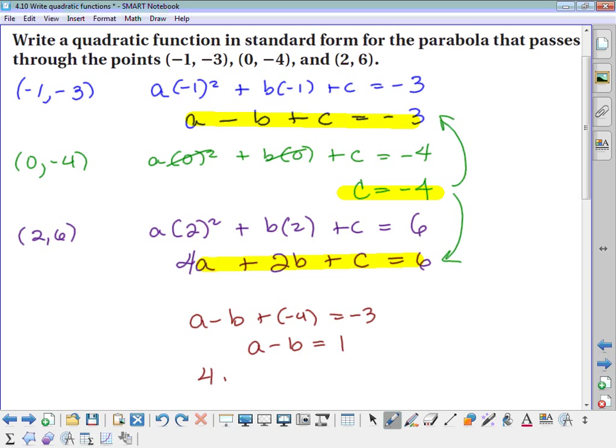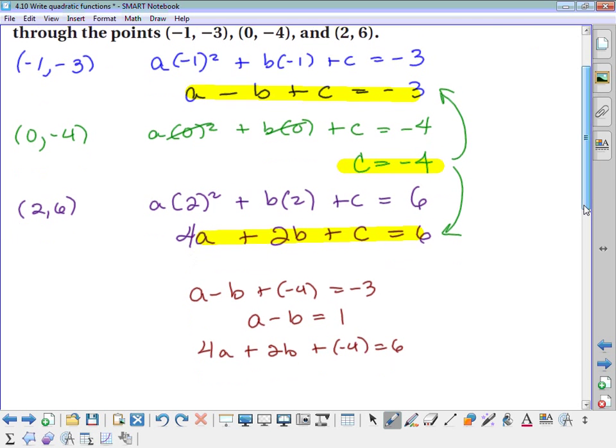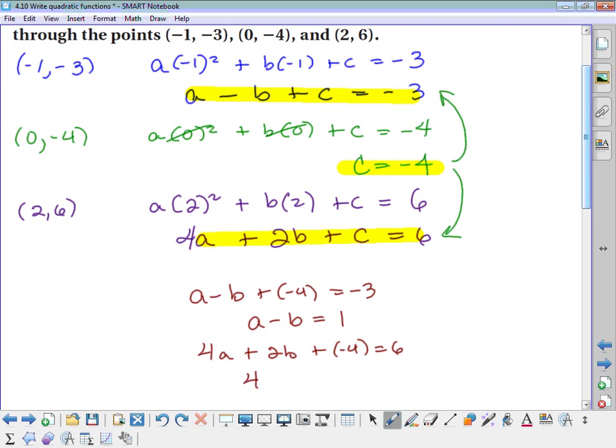So 4a plus 2b plus negative 4 is equal to 6. So when I add the 4 to both sides, I get 4a plus 2b is equal to 10. So now I have a new set of equations with 2 variables, 2 equations. I can use elimination to solve these.